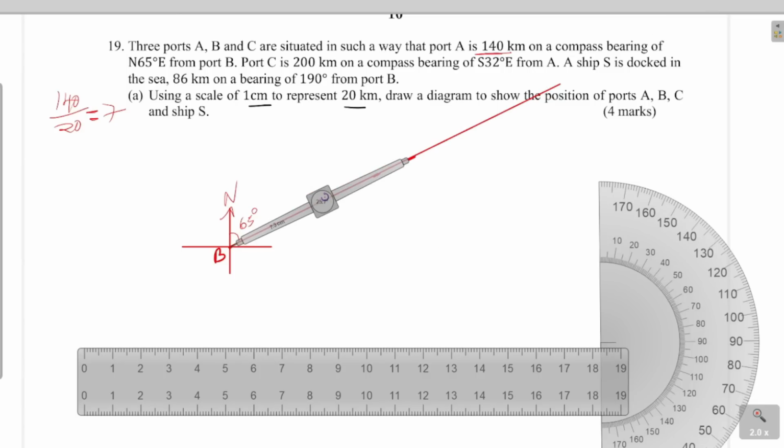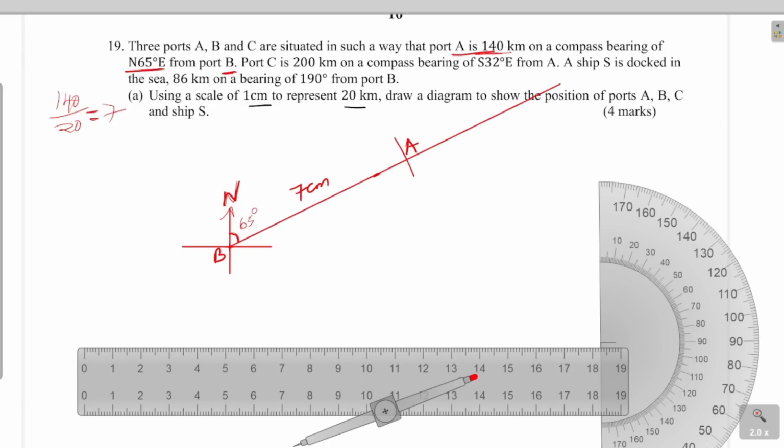Take 7 centimeters, and then you mark it like that. So A will be here. Now we have represented the first statement: A is 140 kilometers, that is 7 centimeters, on a compass bearing of north 65 degrees east from port B.